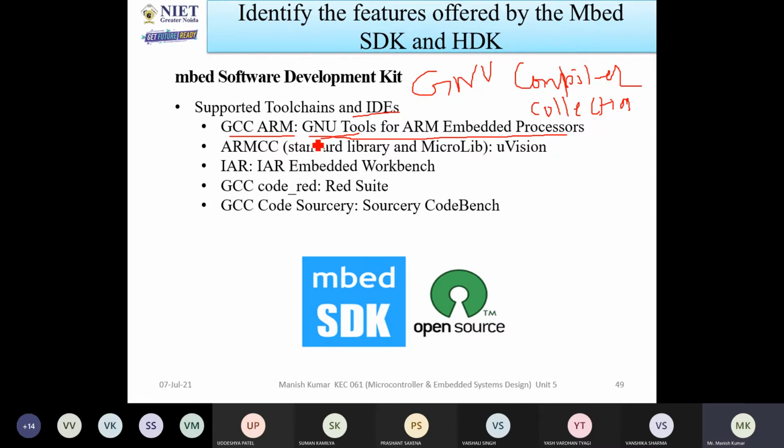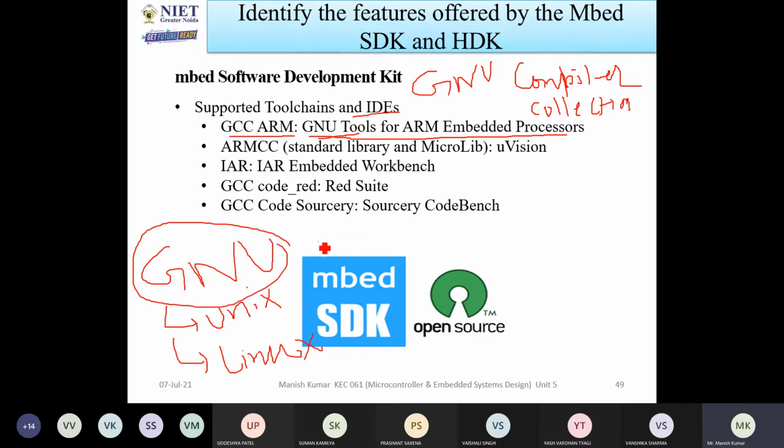So GNU tools, what is the GNU actually? We will talk about the GNU. GNU stands for GNU's Not Unix. All of you have heard about the types of operating systems. Sorry, there are many, Unix and Linux. All of you have heard about that. So this GNU is not a Unix operating system. This is a Linux operating system.